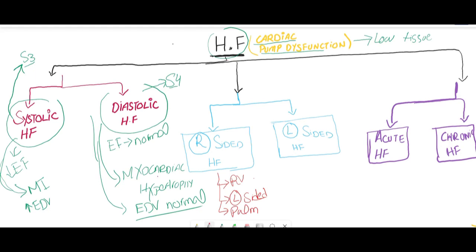Isolated right-sided heart failure due to a pulmonary cause is known as cor pulmonale. Cor pulmonale is the terminology used when a pulmonary cause leads to isolated right-sided heart failure. Left-sided heart failure means left ventricle pump failure.